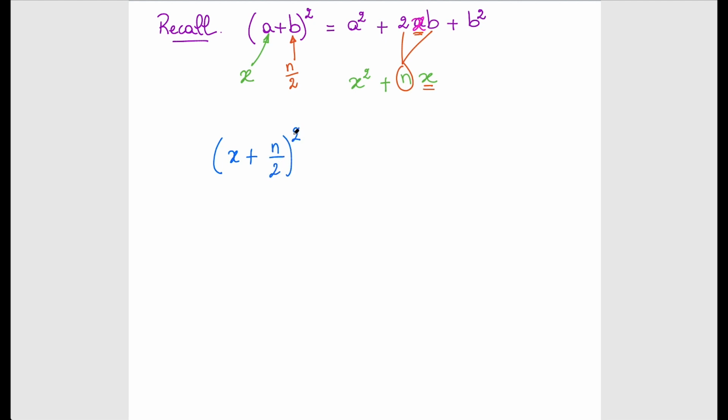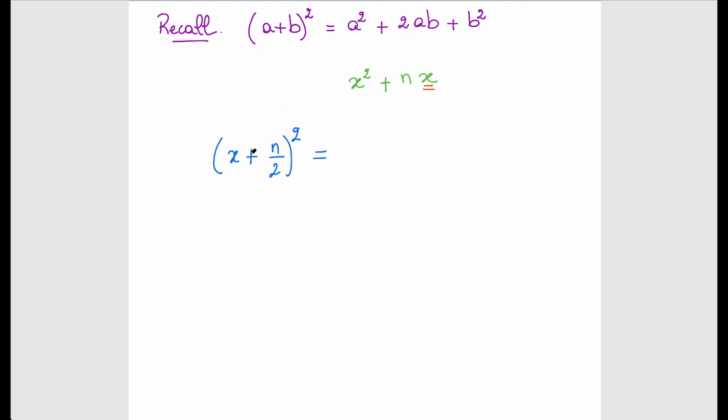If you square this part, what do you obtain? Well, I know how to square a plus b, right? Let me erase all these. I know how to square a sum. I'm squaring a sum. So this is equal to, a is x, b is n over 2.